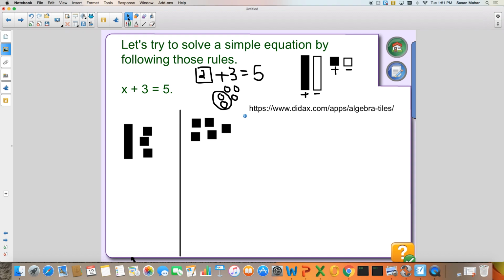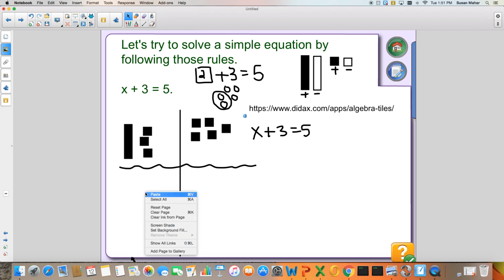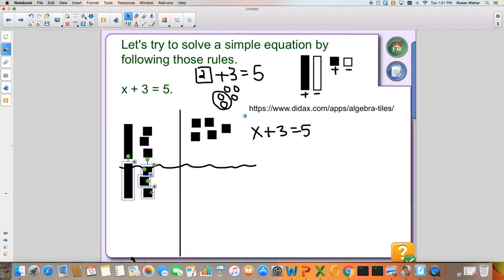And always I'm going to write next to the step what I've done. So x plus 3 equals 5. And I usually draw a wavy line to separate my steps. All right, now I'm going to try and isolate this variable. So I'm going to very quickly drag this down here like this, and I'm going to copy this.